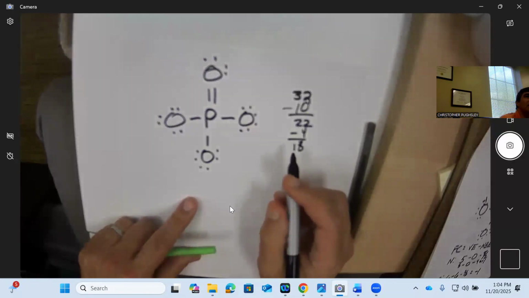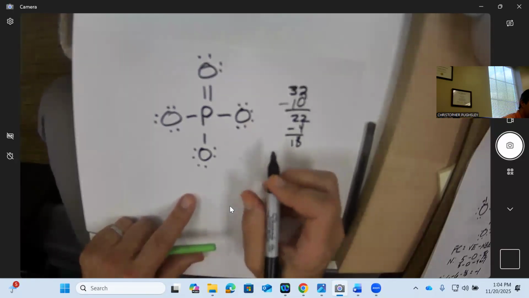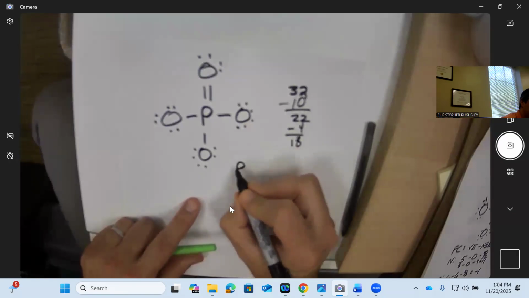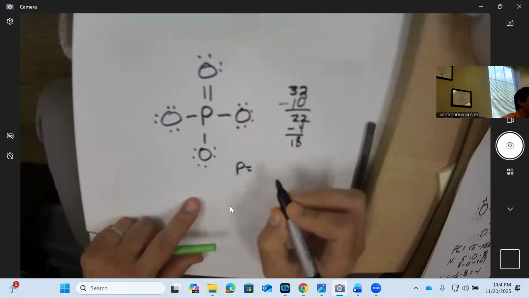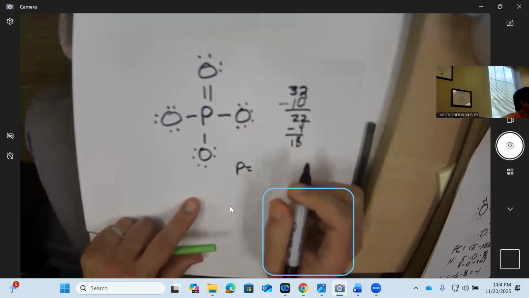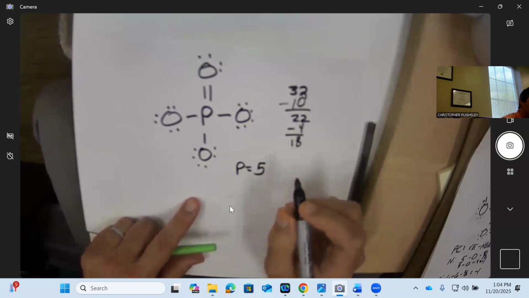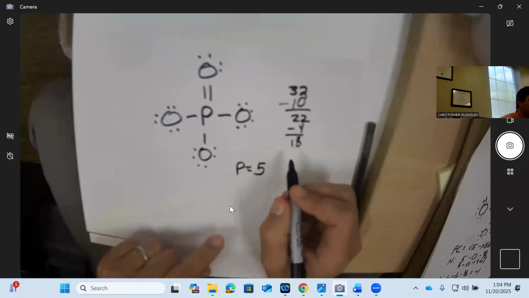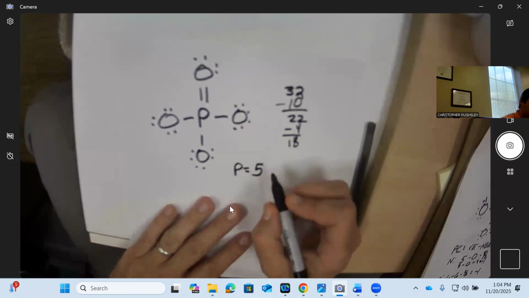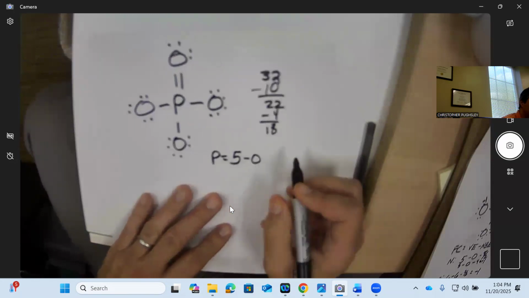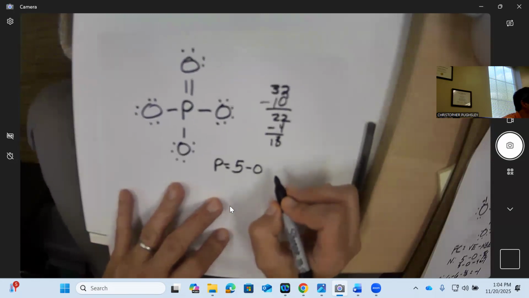All right, so this is our second model. Let's see if this is a better one. Phosphorus has how many valence electrons? 5. How many non-bonding electrons does phosphorus have? 0. How many bonding electrons does it have?